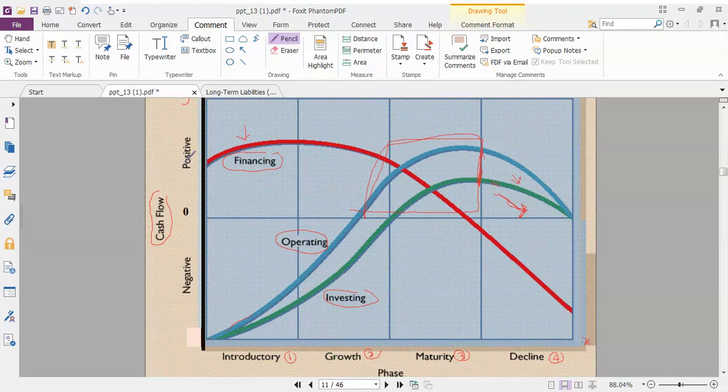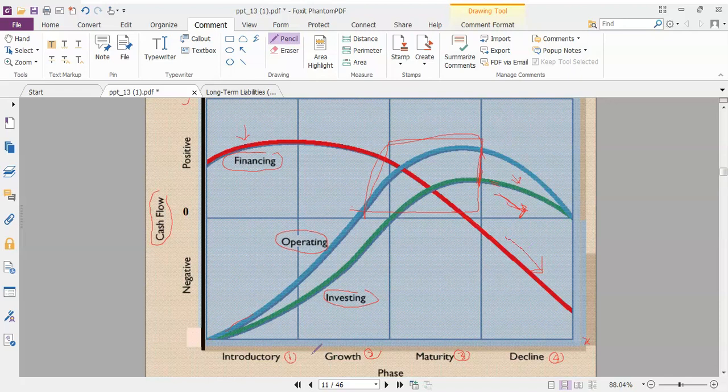So then our cash flow is positive, but then our financing cash flow is negative, decreasing.